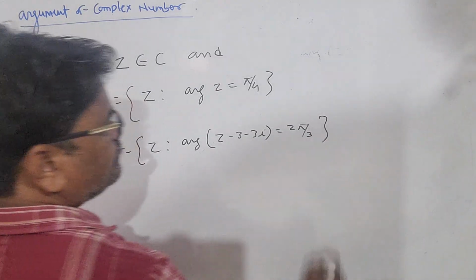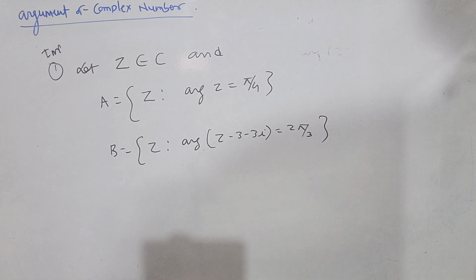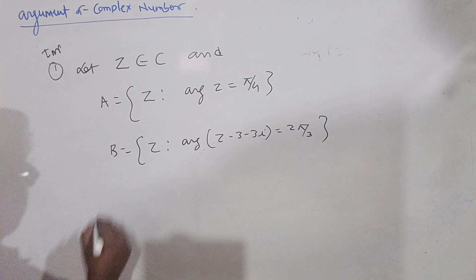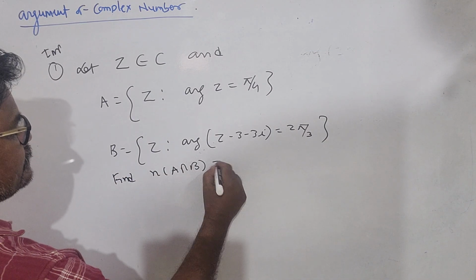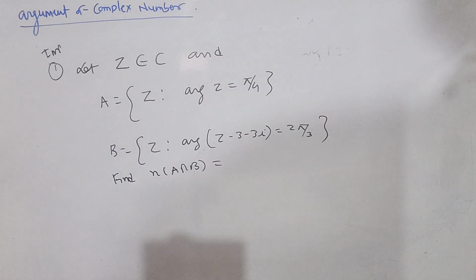Then we have to find the locus of z, and find n of A intersection B. How many z are common?